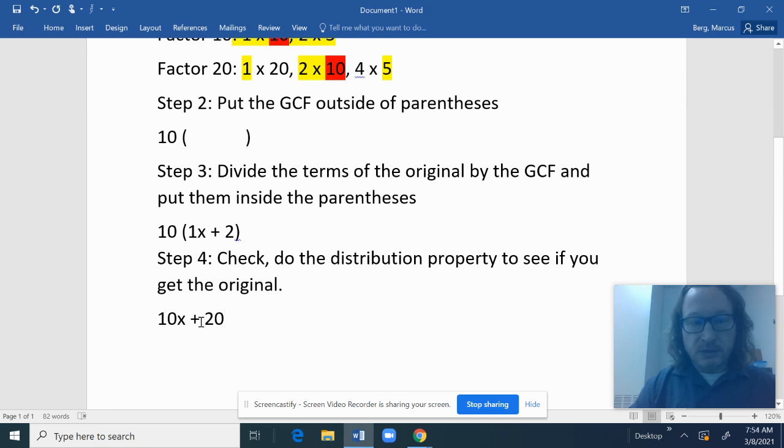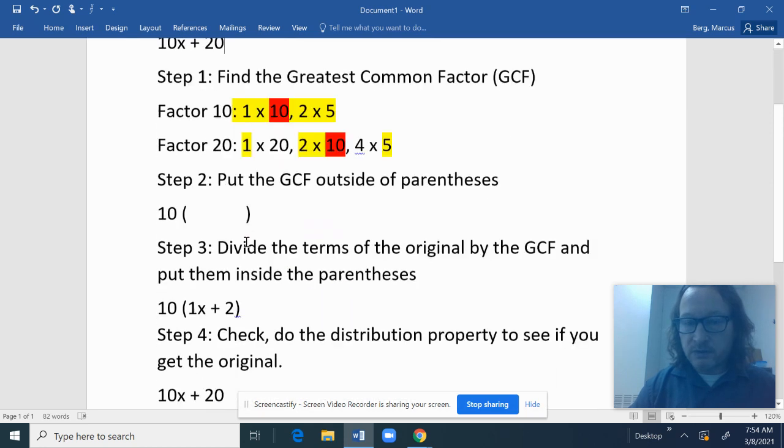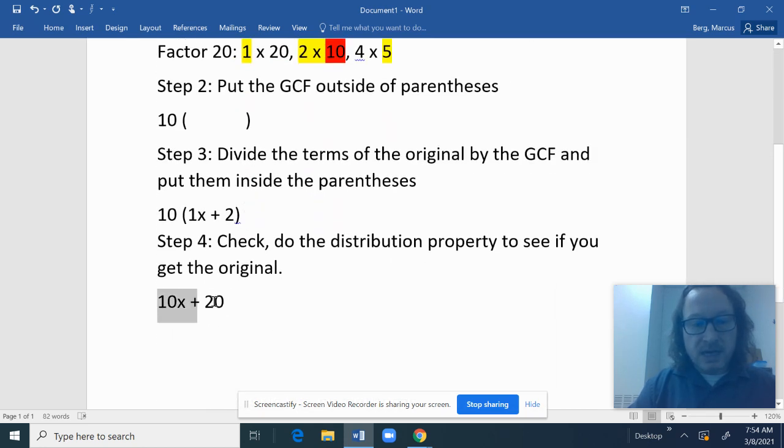So this became 10x plus 20. Yes, it's the same as what we started with. So this is just my check. This is not your answer. When you're asked for an answer for factoring, it should look like the factored form.